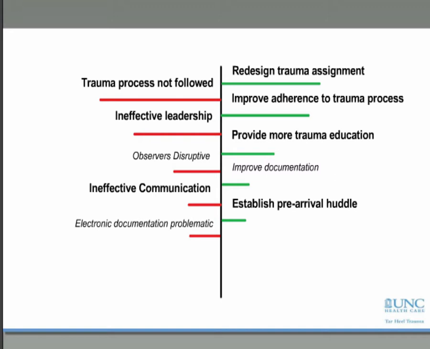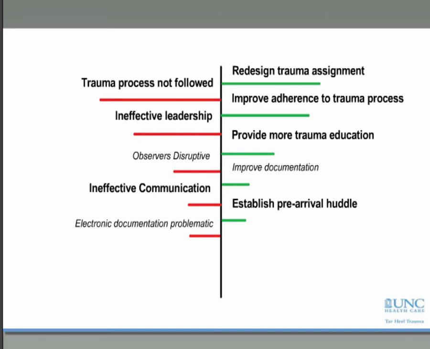The observers who were sometimes around during trauma resuscitations were perceived to be disruptive. There was ineffective communication. And about this time we also had the implementation of our electronic medical record. All of that soup gave Al and me the impetus that things really weren't going as well at the ground level.